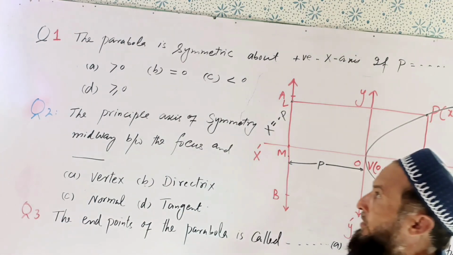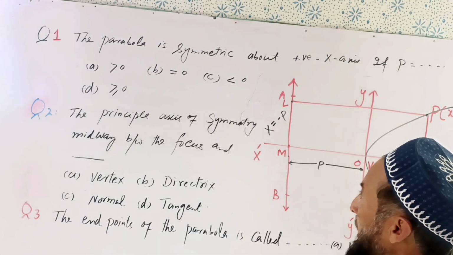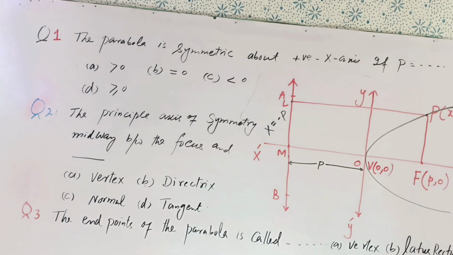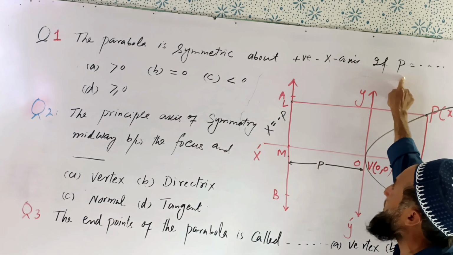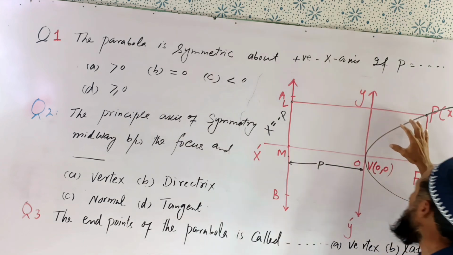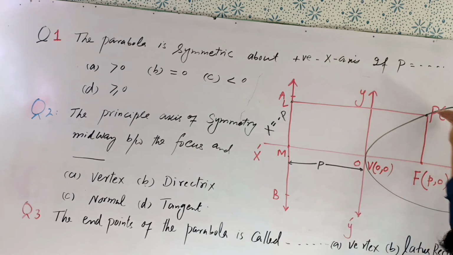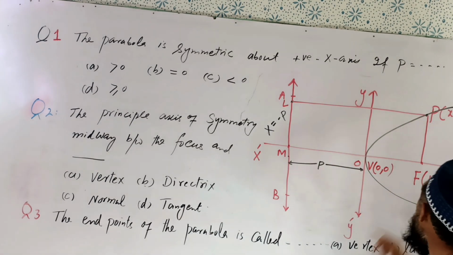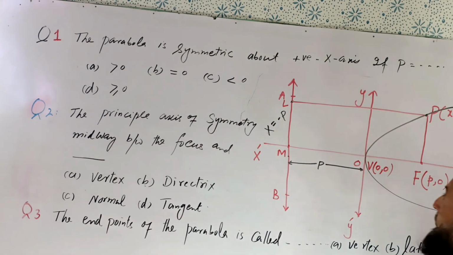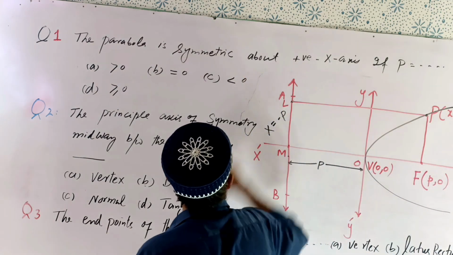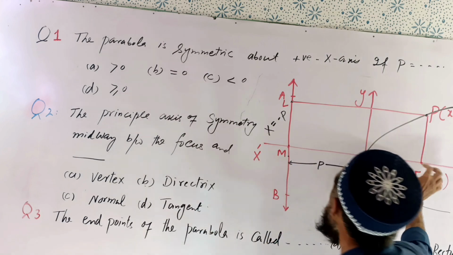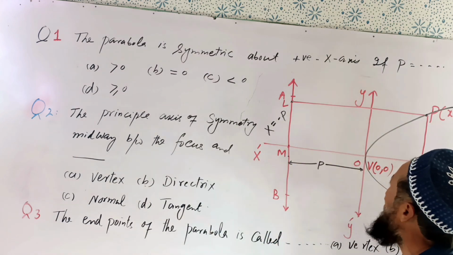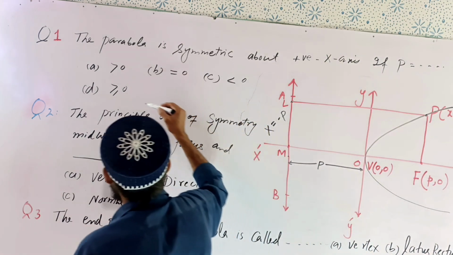MCQs. The parabola is symmetric about the positive x-axis. Positive axis means the parabola is being made along the positive x-axis, so p must be greater than 0.